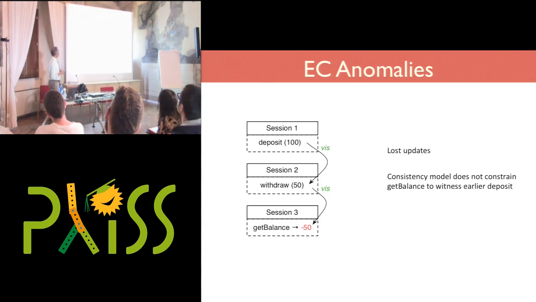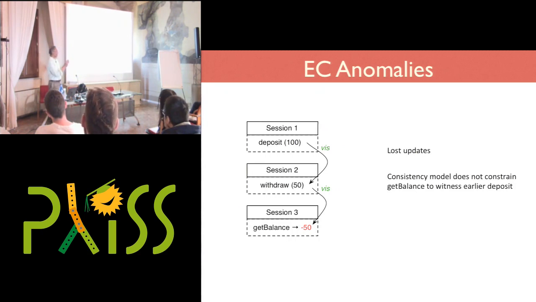The third session happens on a replica where the withdrawal was available. That withdrawal of 50 ended up on this replica, and then found its way to another replica that the get balance propagates to. What does the get balance do?